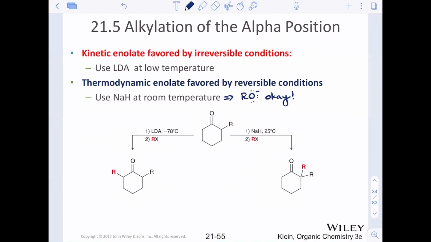LDA at negative 78 degrees Celsius, super cold, not allowing enough thermal energy to reach the higher activation energy of the more stable enolate. NaH with 25 degrees Celsius, much more thermal energy is provided, and so that ends up putting the R group on the more substituted thermodynamic. So here's kinetic and thermodynamic.